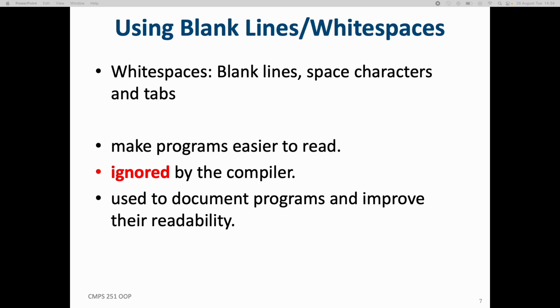And then blank lines and white spaces. Now this is different from Python. In Python, your code has to be very indented, right? You write a for loop, and then to define the code block of that for loop, you have to put exactly the same number of white spaces, like maybe 5. If it is 5, you have to obey that. In Java, blank lines have no meaning. It will be terrible code, but theoretically, you can write all your code in 1 line, and that would not change anything at all.